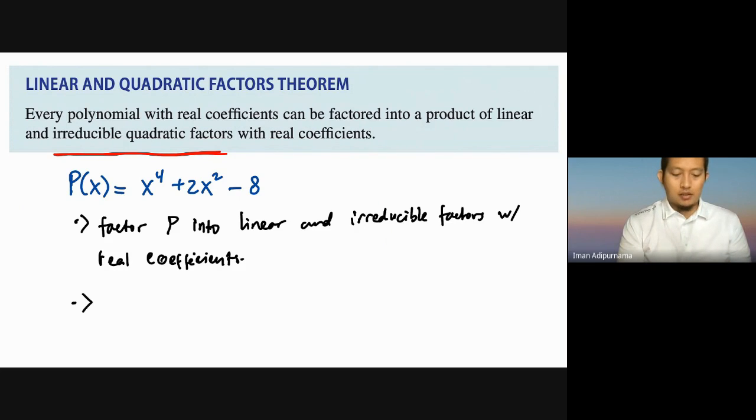And the second one is factor p completely with complex.